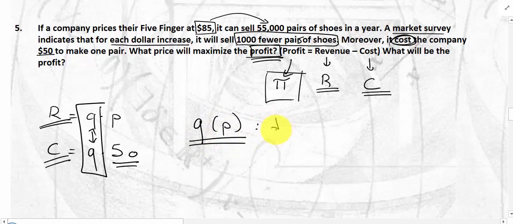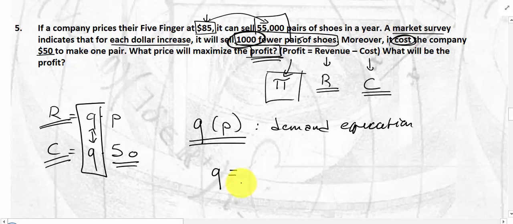We need to determine the demand equation. This is what in econ they call the demand equation. So what's our demand equation? Let's get Q. What is the number of pairs of shoes that you're making? You start with 55,000.